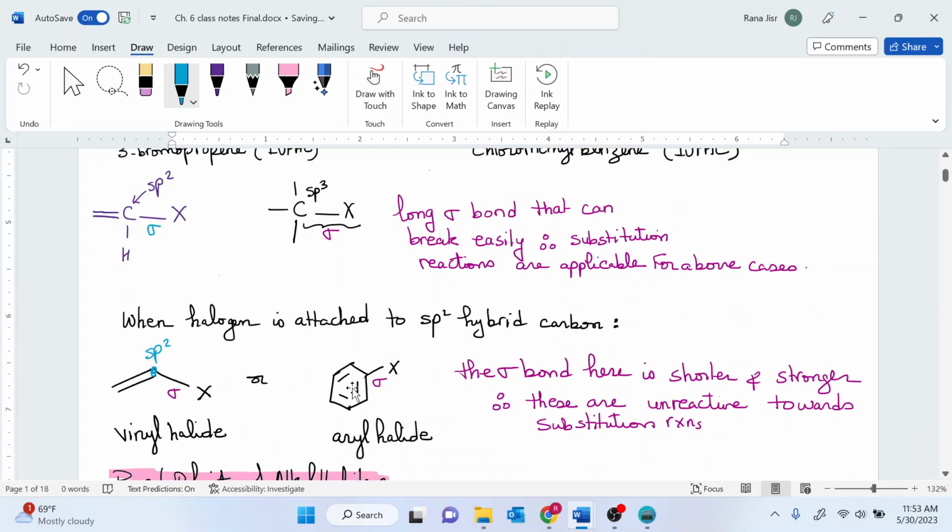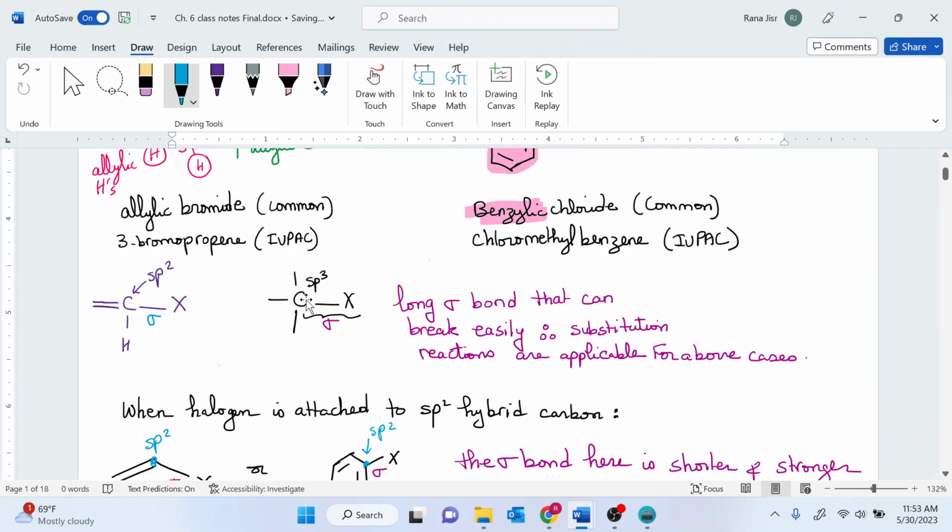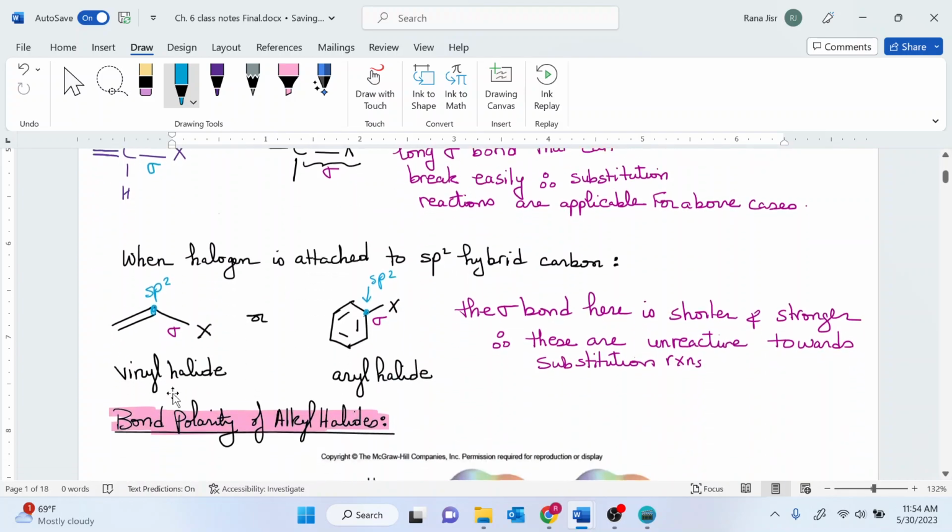If you have the halogen directly attached to the benzene, not on the benzylic carbon, then this is an sp2 hybrid carbon, so the reaction will not work. Always, to check if the reaction works or not, you need your halogen to be attached to an sp3 hybrid carbon and not an sp2 hybrid carbon, because sp3 hybrid carbons have longer sigma bonds and their sigma bonds are easier to break because the sp3 is less electronegative than the sp2.